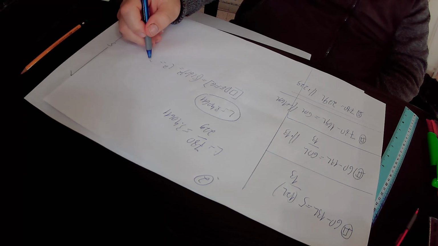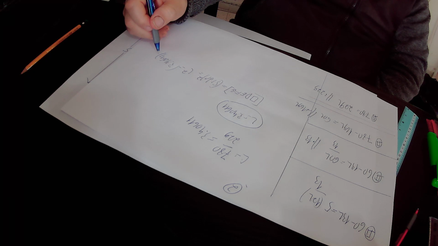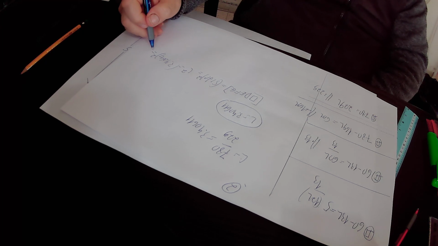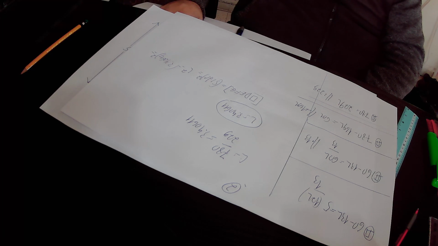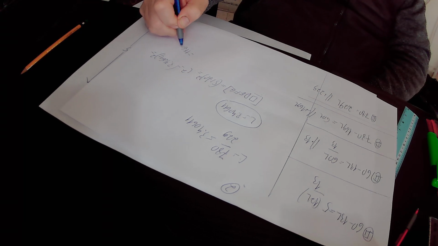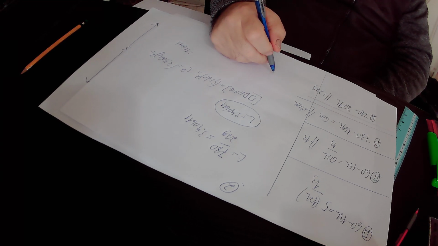L is 3.40611, therefore L squared is 3.40611 squared. And 3.40611 squared is equal to 11.6016 square units.